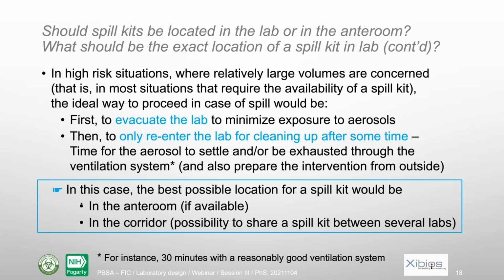If you have different labs which have different types of biological activities that handle large volumes, for instance, if you have the spill kit in the corridor, each lab could possibly use it. Remember that a spill kit would only be used exceptionally, like if it's really exceptional that we have a major spill. So it could easily be shared.